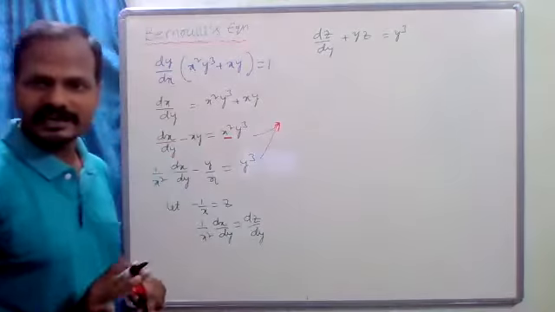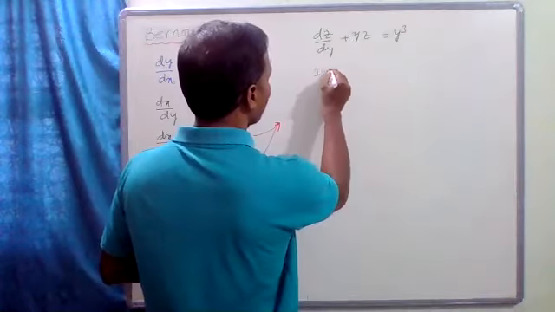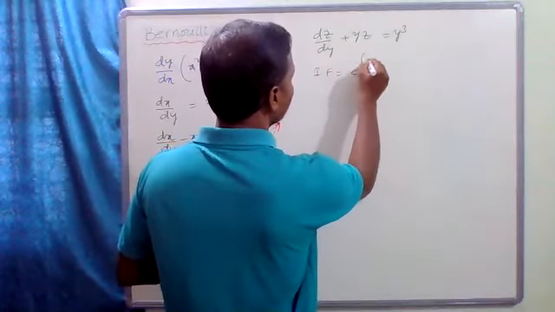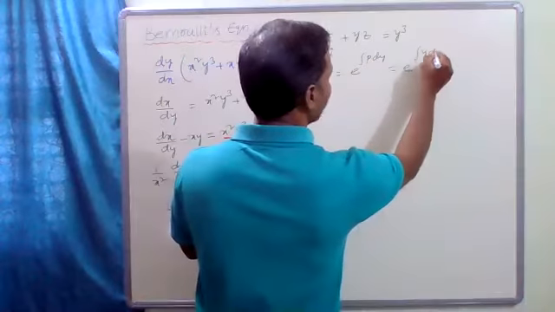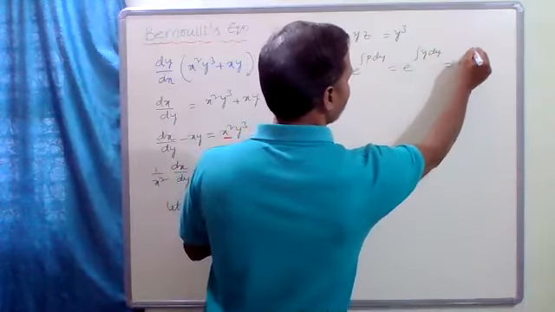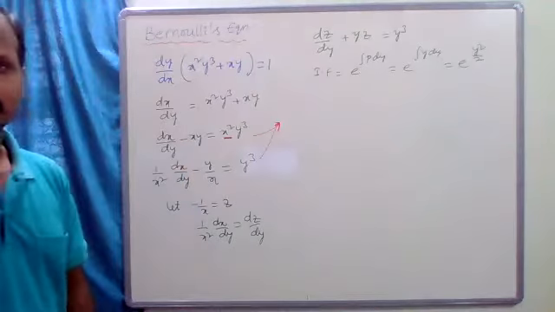Now clearly it is linear in z. Then the integrating factor equals e power integral p dy, which is e power integral y dy, equals e power y square by 2.